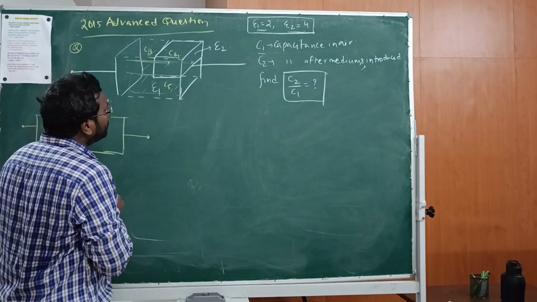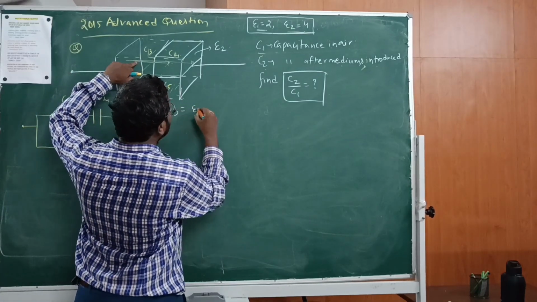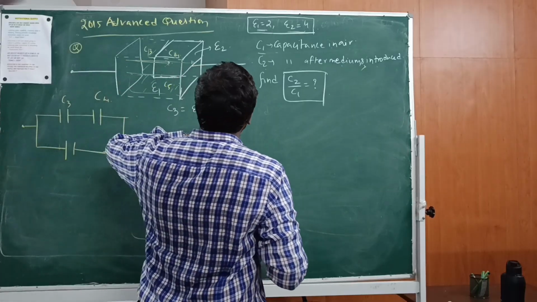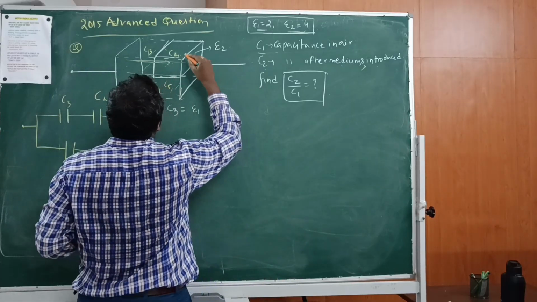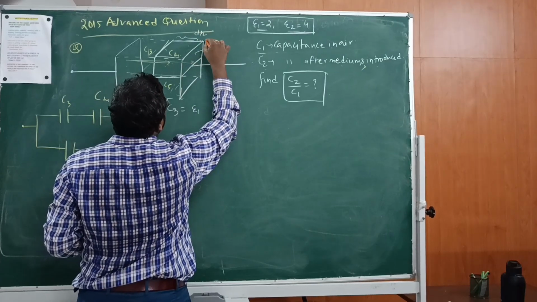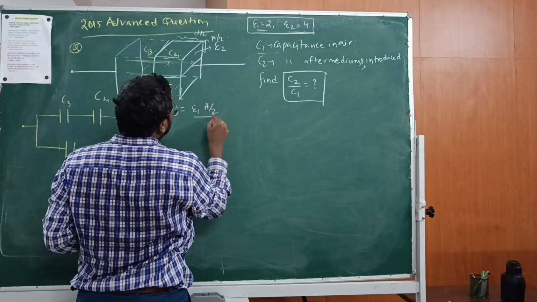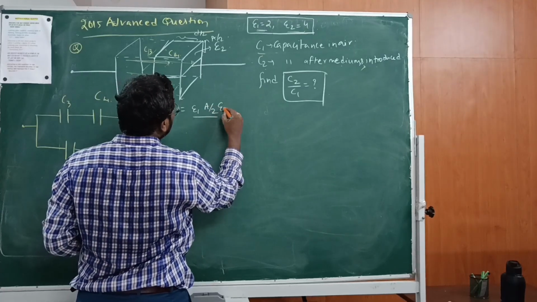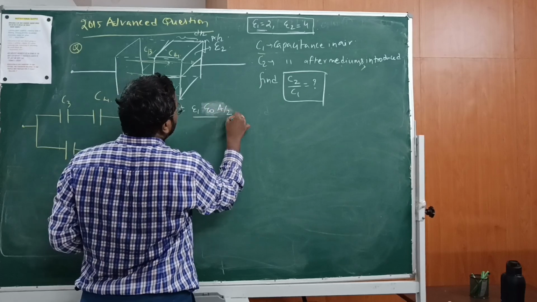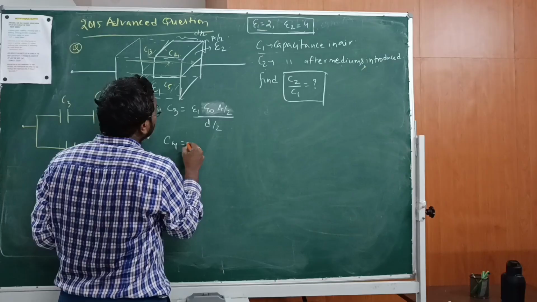So what is going to be C3 here? How do we write C3 here? Epsilon 1 into area. I think they have mentioned that area is going to be exactly half here. This distance is given as D by 2. Area is going to be A by 2 here. So epsilon 1 epsilon naught A by 2 divided by D by 2 is C3, and C4 here is going to be what?